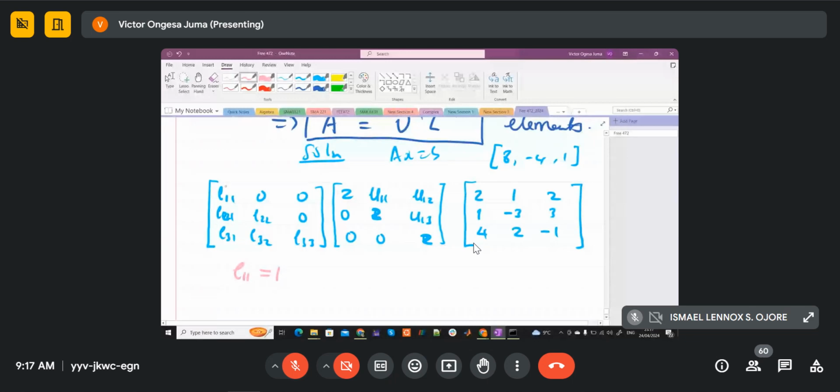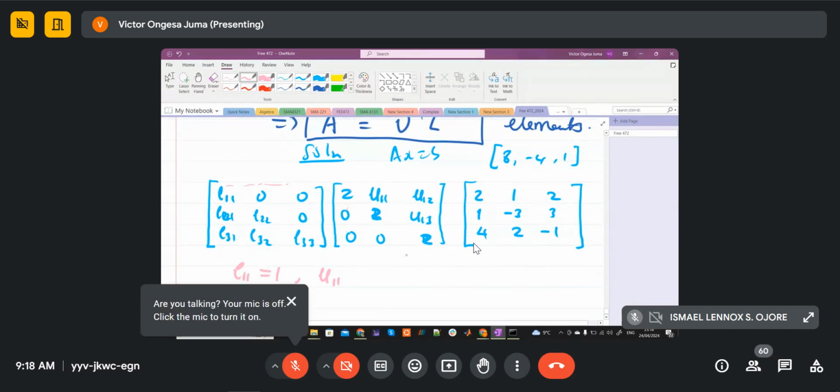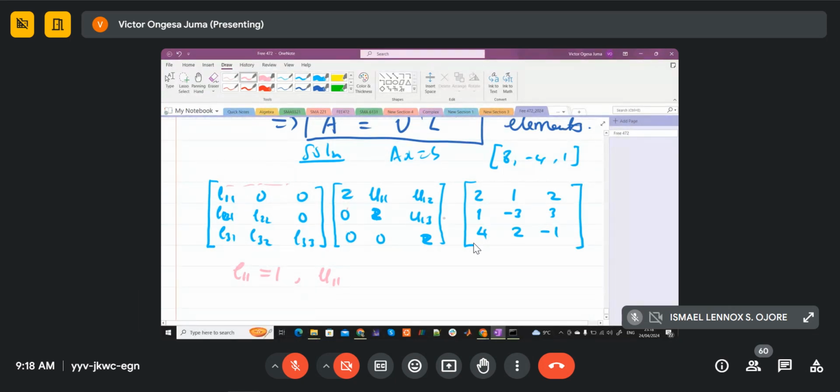Because you are having this multiplied by this, it will be the same as 2. And what is U11? Remember the other time I was going all rows by column. Now I'm going one row by all the columns.